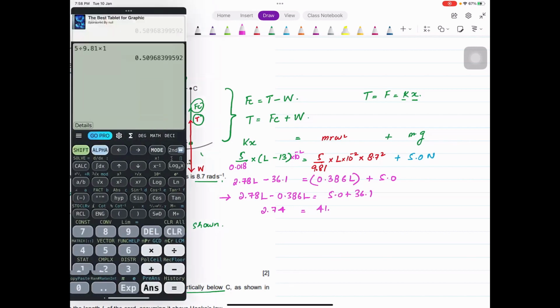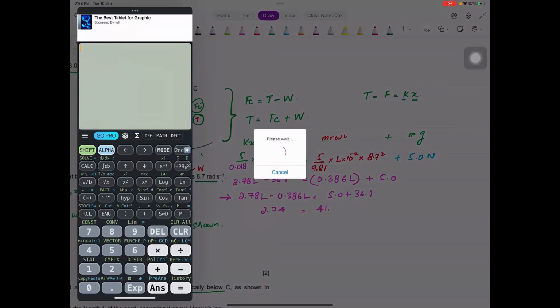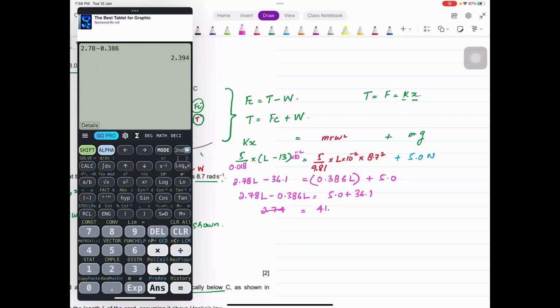No, sir, when you subtract them, it's 2.39. Okay, so it's second last, not last. Last line is wrong. Then 0.386, like this. So this value is wrong, right? Okay. So 2.394. Is that fine?